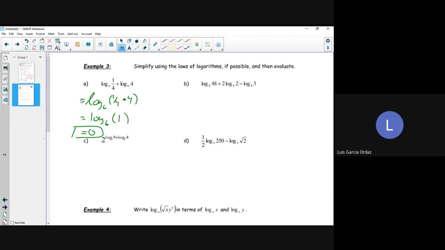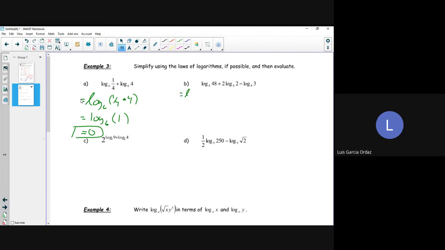The next example we have is log base 8 of 48 plus 2 log base 8 of 2 minus log base 8 of 3. So what is the first step that we need to do to solve this expression? So we're going to use the power rule.